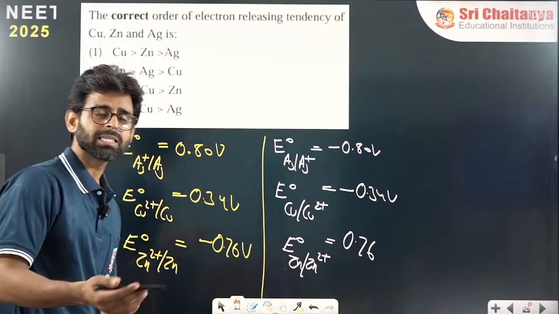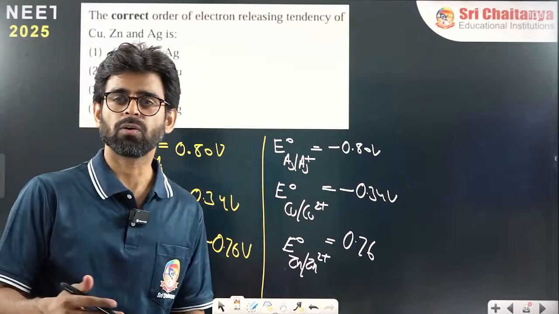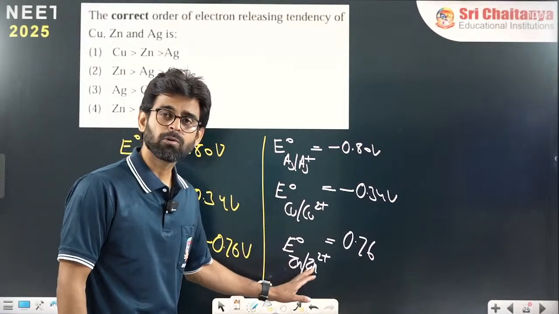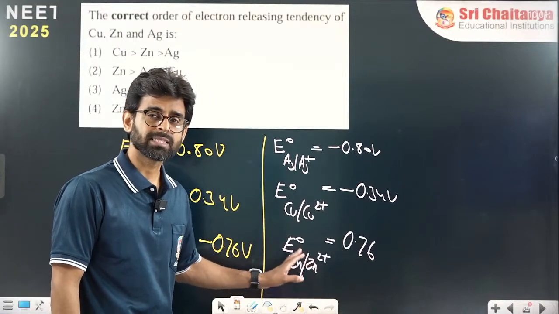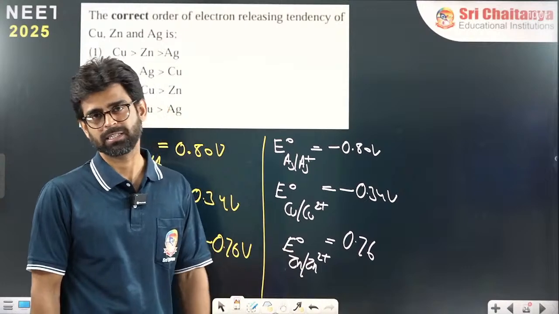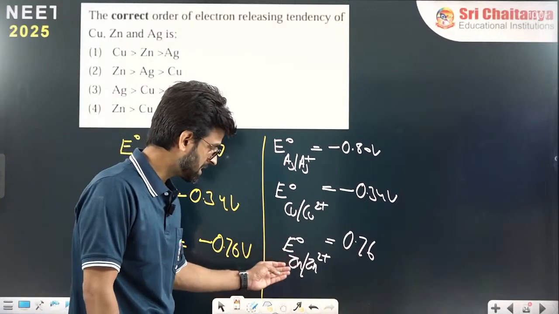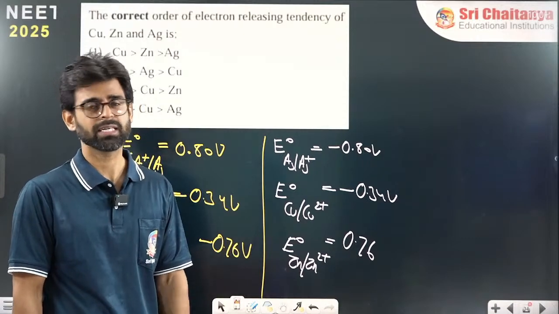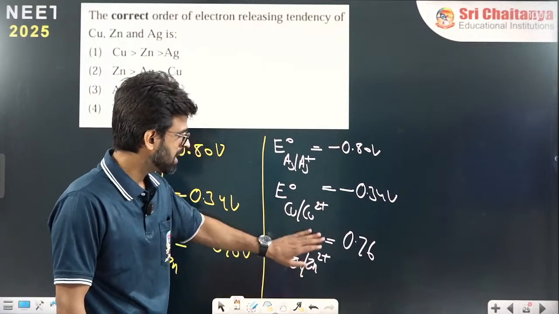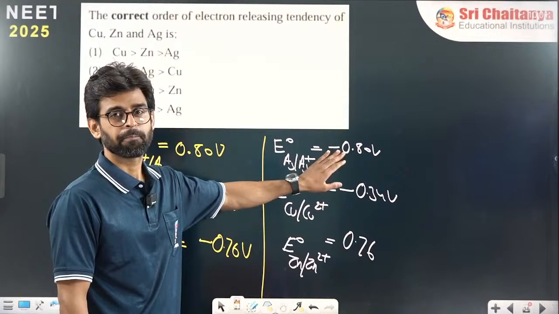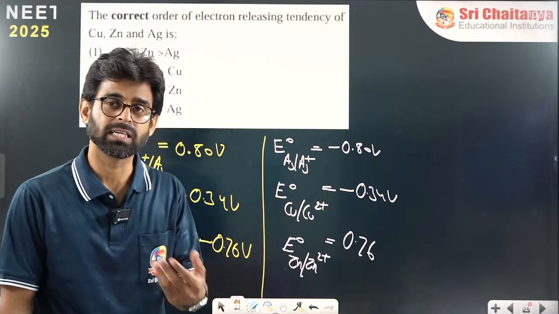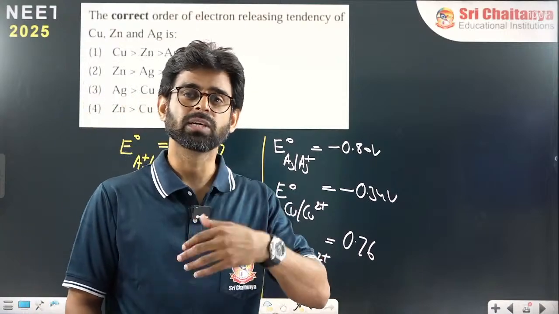Electron releasing tendency means which will oxidize itself, right? So here you see, zinc has positive oxidation potential, means it is interested in oxidation. If it is interested in oxidation, it has a high tendency to release electrons, right? This one has maximum oxidation potential, then this one, then this one. Very low oxidation potential means very low chances to release electrons or high chances to gain electrons, right?